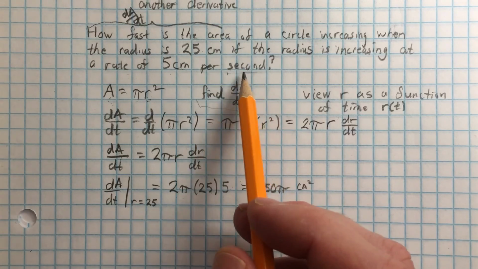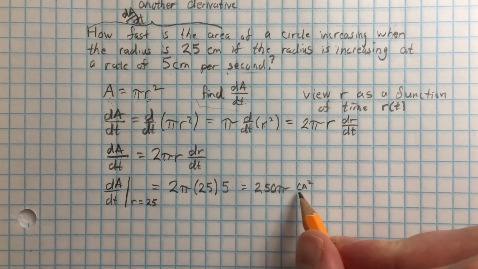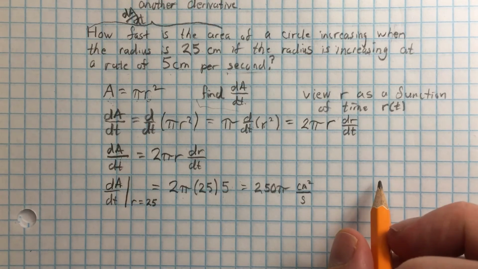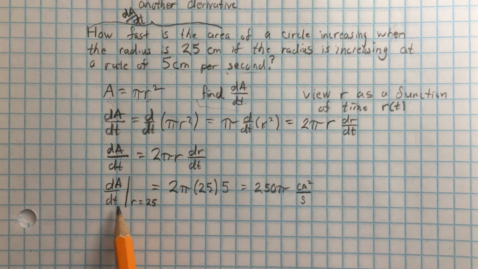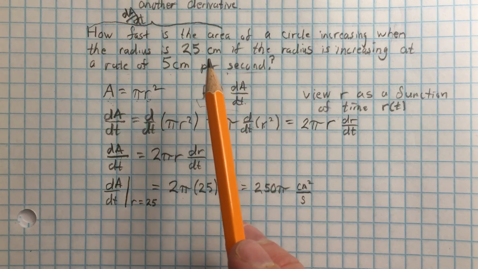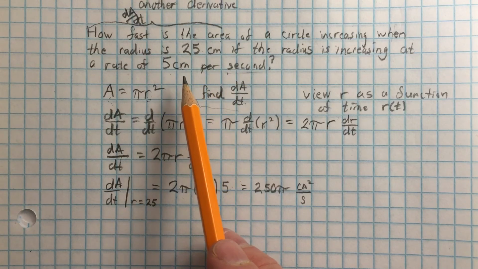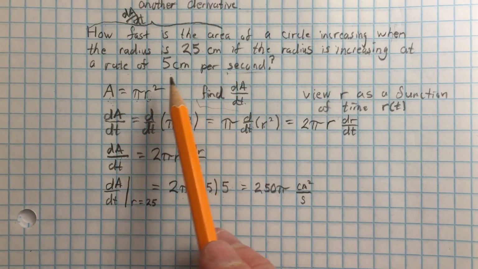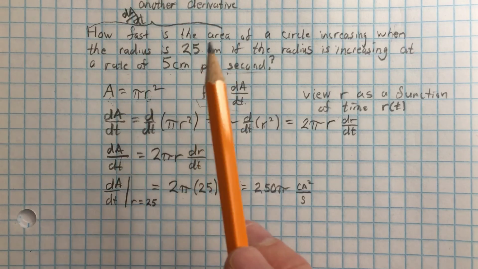That's the only time measurement we have floating around in there. So centimeters squared per second. And now we have, again, the rate at which the area of the circle is changing right when the radius, which is changing, reaches 25 centimeters.